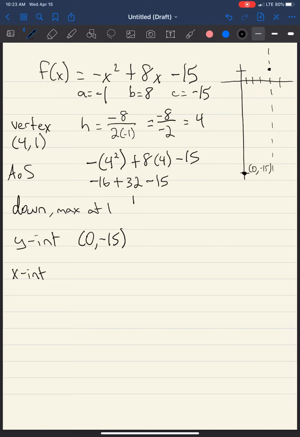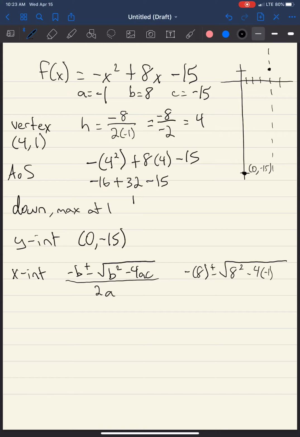So we said negative b plus or minus the square root of b squared minus 4ac all over 2a. So let's plug those in. So we had negative 8 plus or minus the square root of 8 squared minus 4 times negative 1 times negative 15, all over 2 times negative 1.